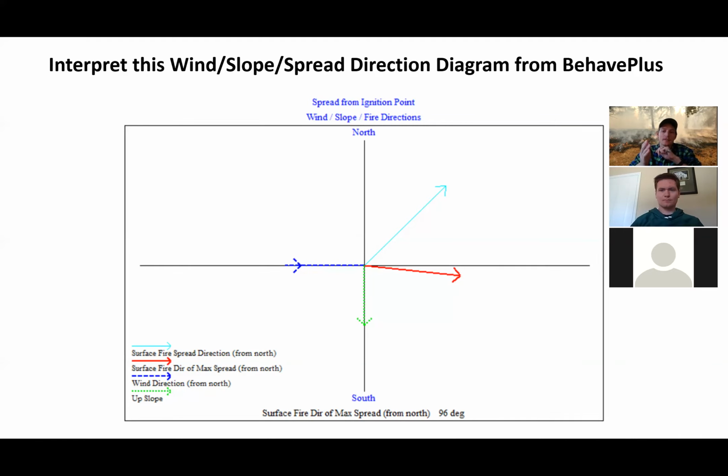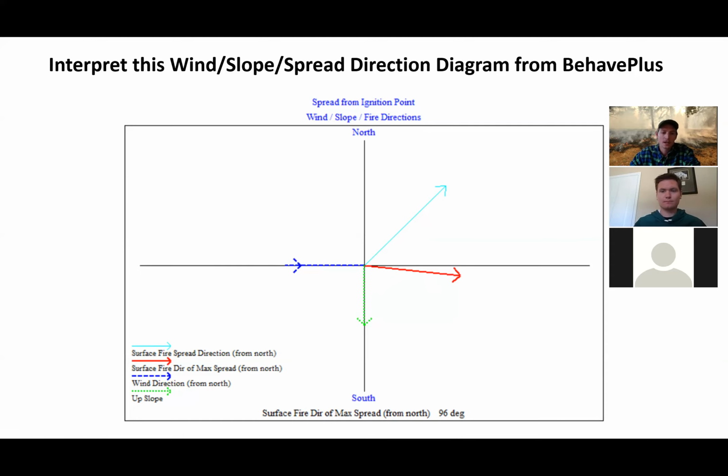It's definitely not heading, maybe a little closer to flanking than heading. I don't actually remember the degrees I put in for my spread direction, but clearly it's not a head fire, and it's maybe not quite a flank fire.